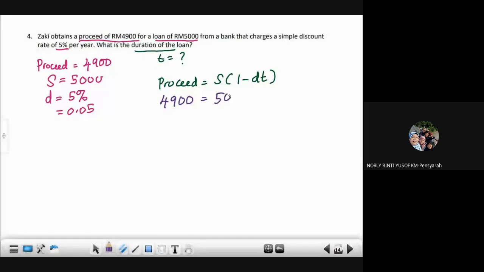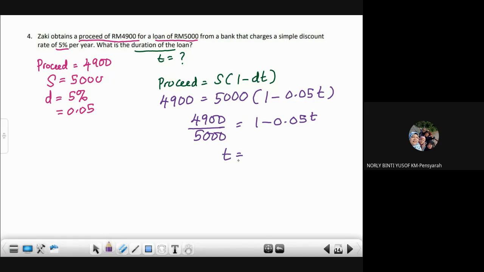Loan dia 5,000. Dalam kurungan 1 tolak 0.05 TD dah tukar kan. Lepas tu selesaikan, dibahagi. Ni 1 tolak 0.05 T. So nanti you selesaikan. Ni you boleh potong. Lepas tu you tolak 1 and you divide by negative 0.05 to obtain the T. Tu buat sendiri and then you got 0.4 years. Okay, tapi itu dalam years sebab formula your duration and simple discount rate is in a year kan.